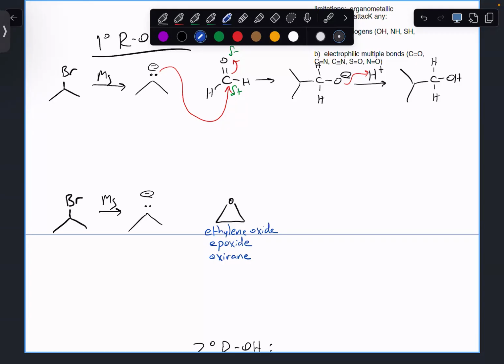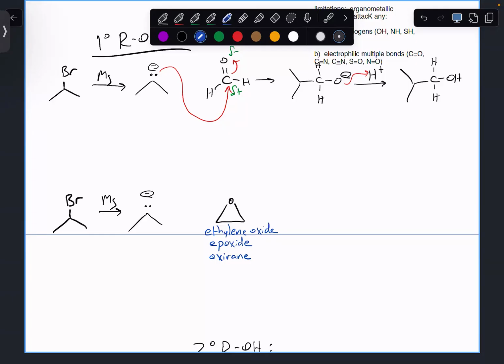Yeah, exactly. That thing's got a 60-degree bond angle. It's exceptionally strained, and so it will do anything to pop open to lose all of that ring strain. You'll see next semester when you study this chemistry in detail, ethylene oxide will react with all manner of nucleophiles, and certainly with something as strongly nucleophilic as a carbanion.